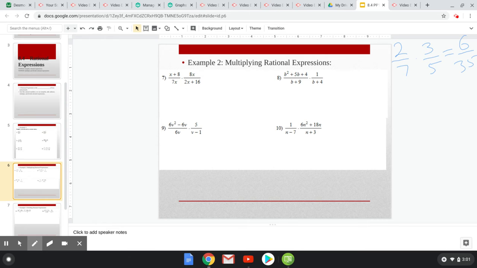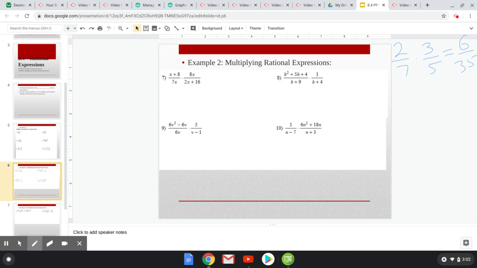So for our first one, number 7, I'm just going to be multiplying straight across. But I do want to factor because I want to know if I can cancel anything. So instead of just distributing, which would be our first instinct, instead we're going to factor.